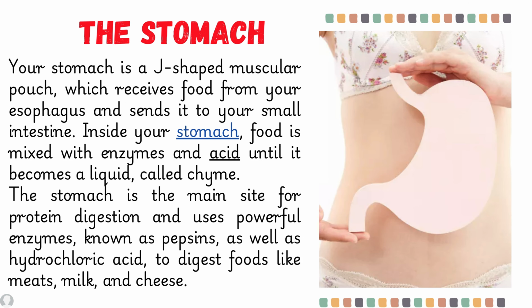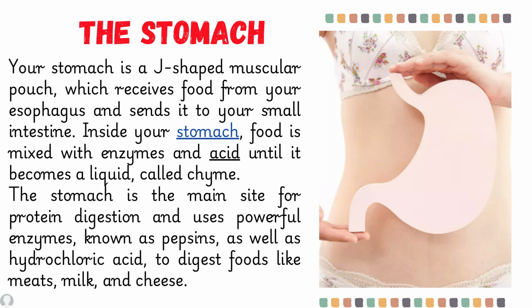The next part of the digestive system is the stomach. Your stomach is a J-shaped muscular pouch which receives food from your esophagus and sends it to your small intestine. Inside your stomach, food is mixed with enzyme and acid until it becomes a liquid called chyme.